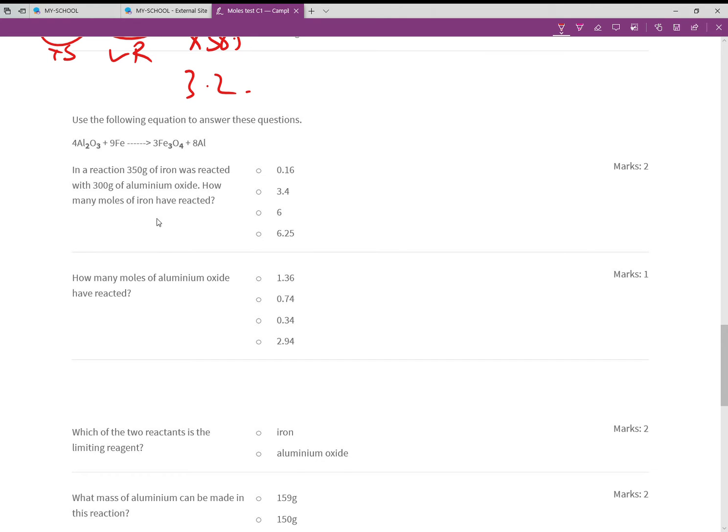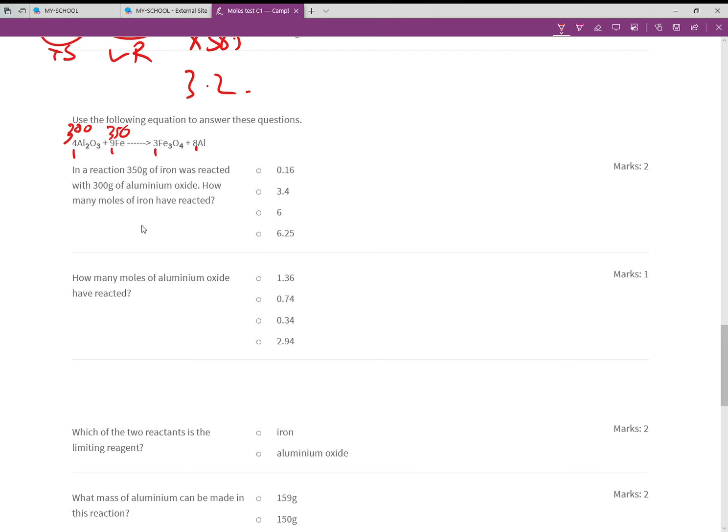Okay, next one, nasty. First thing you'll see here is you've got a very nasty set of reaction ratios here, guys. So just made this question a little bit more difficult, of course. Right, so in the reaction we have 350 grams of iron was reacted. So let's just fill in our info as we go along with 300 grams of aluminium oxide.